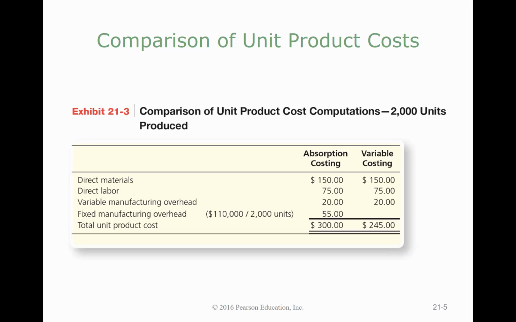The difference is the fixed manufacturing overhead gets included in the product cost here under absorption costing, but under variable costing, it's not. It's going to be included down in the next section. So that's the big difference, and that's really the only difference, where the fixed manufacturing overhead goes. Under absorption, it's in the product cost. Under variable, it's in the period costs, lumped together with your selling and admin expenses.